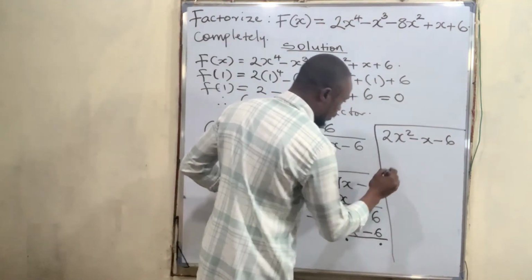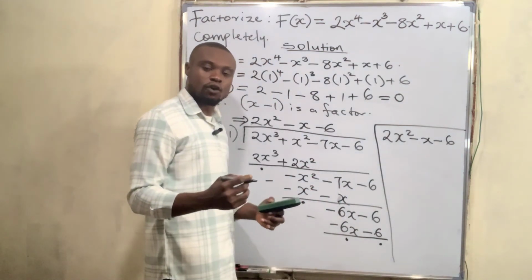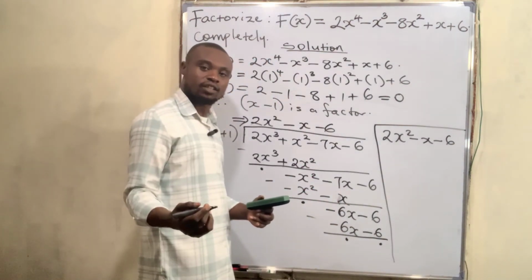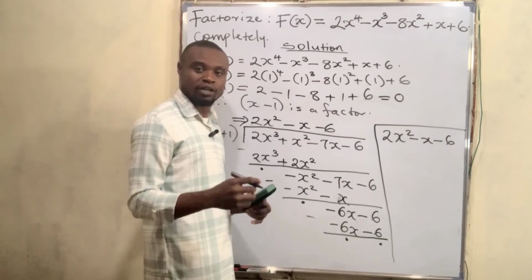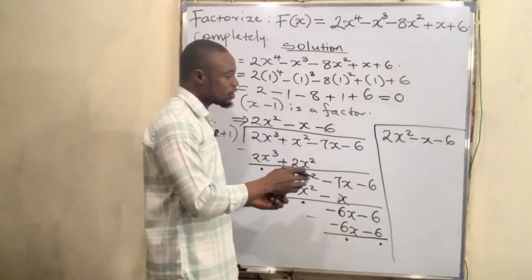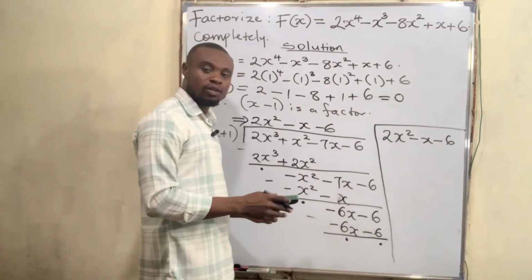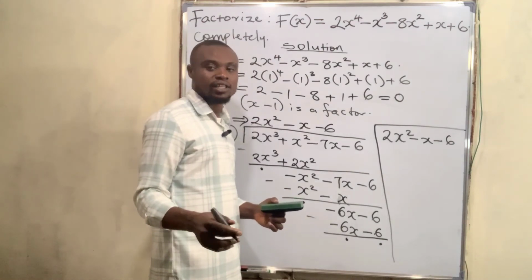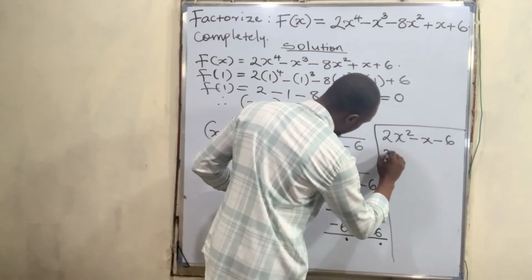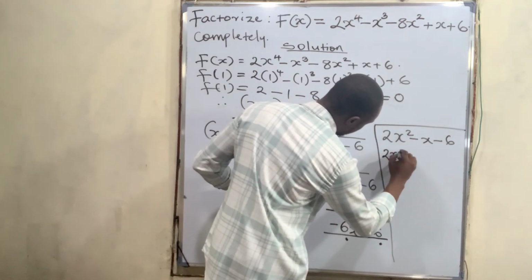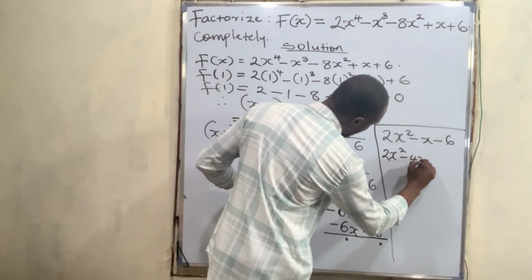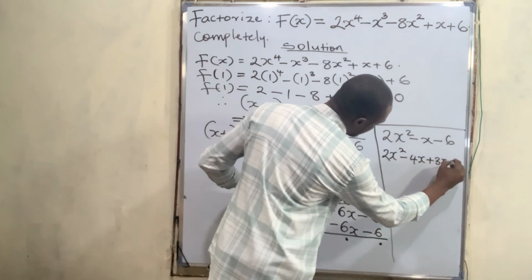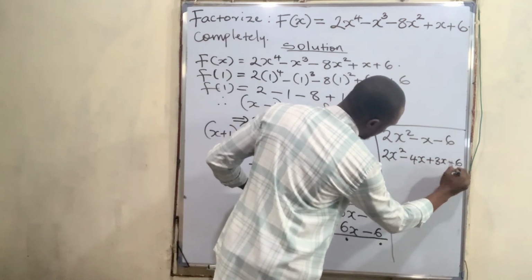Minus 4 plus 3 is minus 1, right? But since there's a variable there, minus 4x plus 3x is minus x. So we're using that in place of the x here. So we have 2x squared minus 4x plus 3x minus 6.